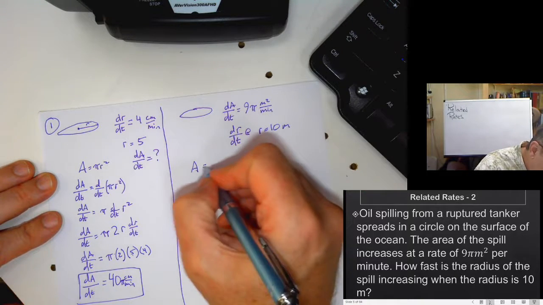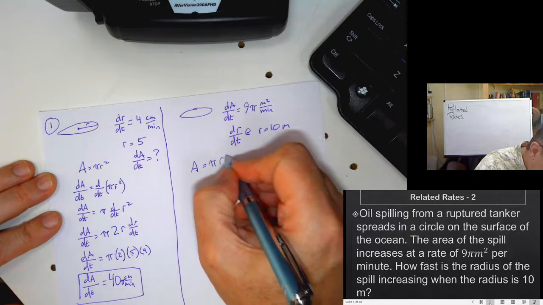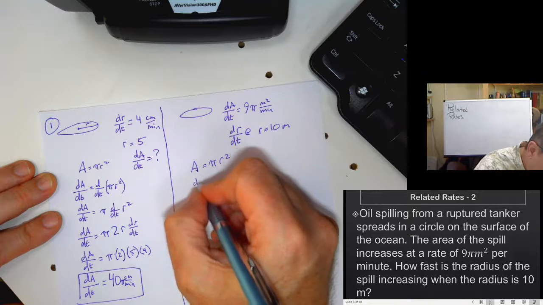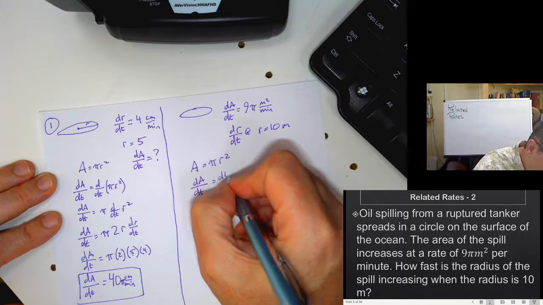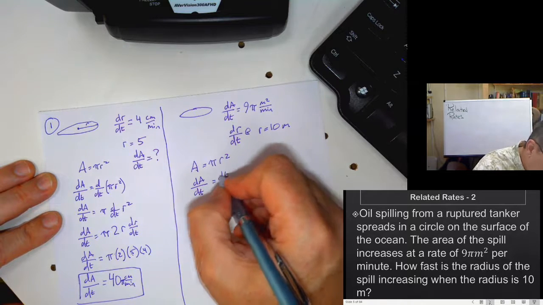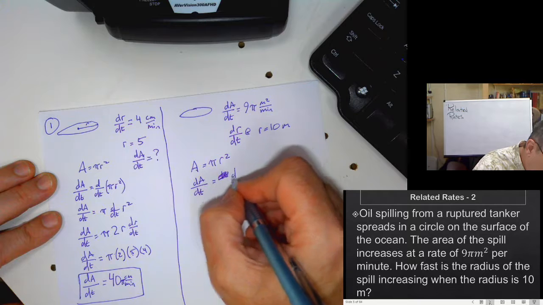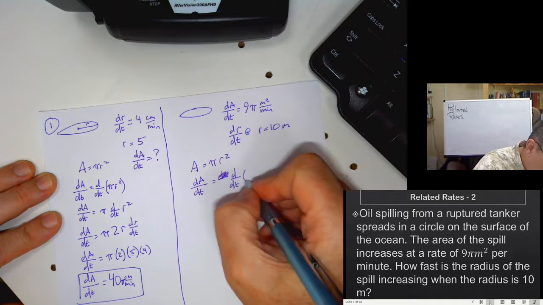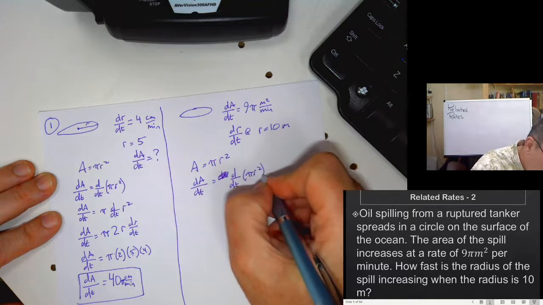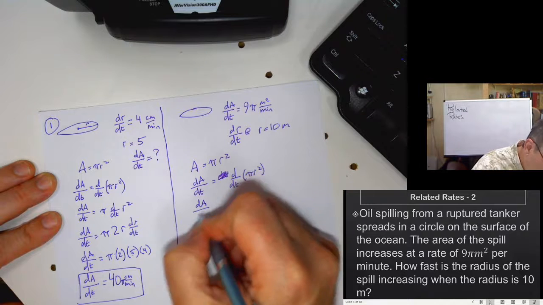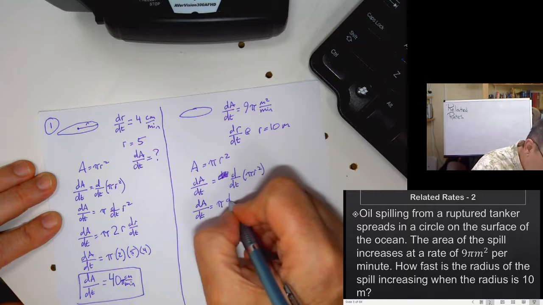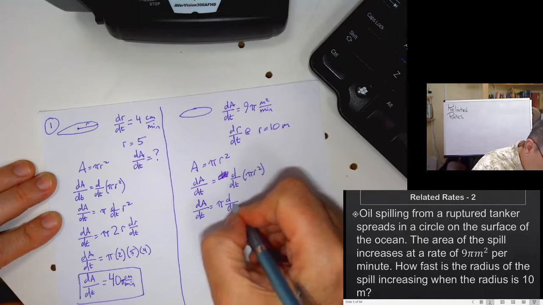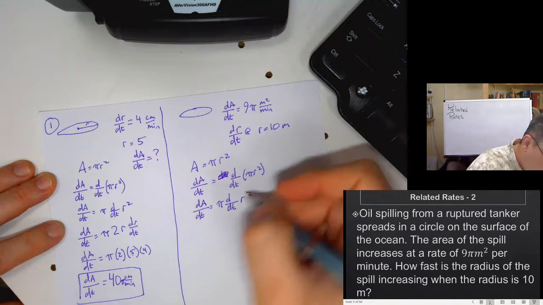Area equals pi r squared. dA/dt equals d/dt of pi r squared, so dA/dt equals pi times d/dt of r squared.